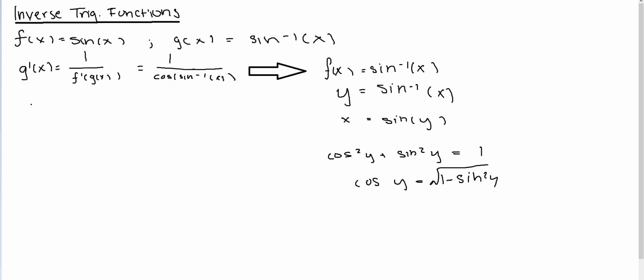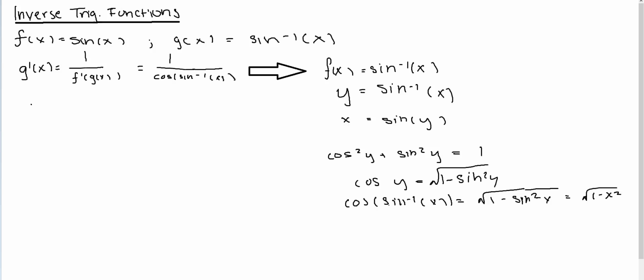Now, what's important to note about that is that we can also state that cosine of arcsine x is equal to the square root of 1 minus sine squared y, which would also equal the square root of 1 minus x squared if we substitute it in our arcsine.